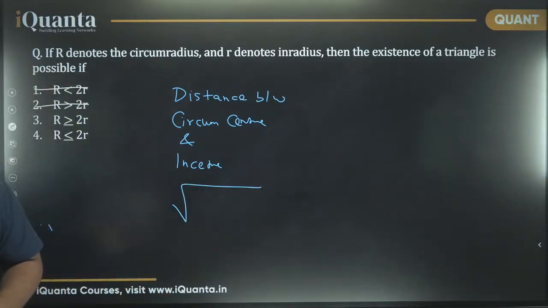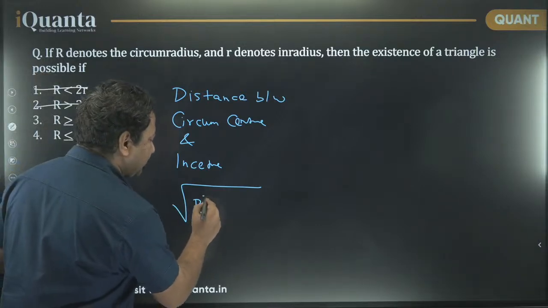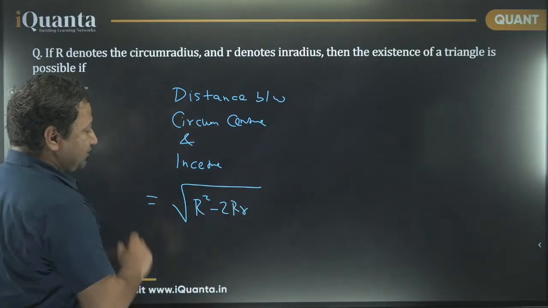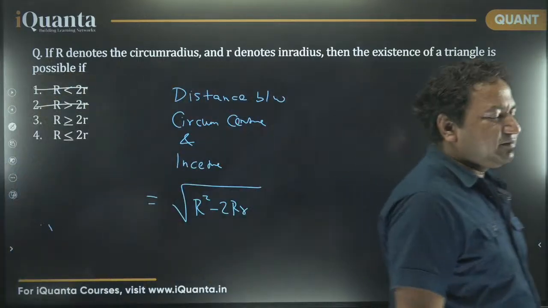Do you know it? Anyone? And this is what we'll be discussing in coordinate geometry. Capital R square minus 2 times capital R times small r. This is the distance. Note this down, everyone.